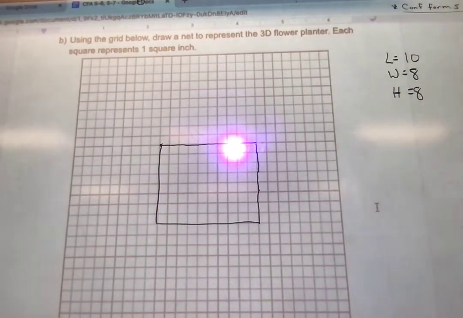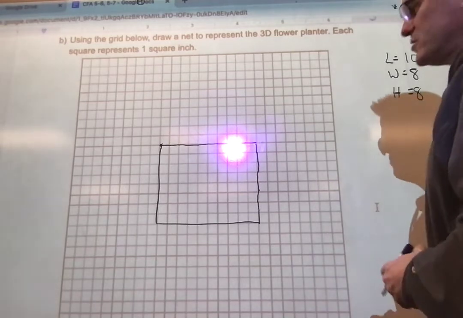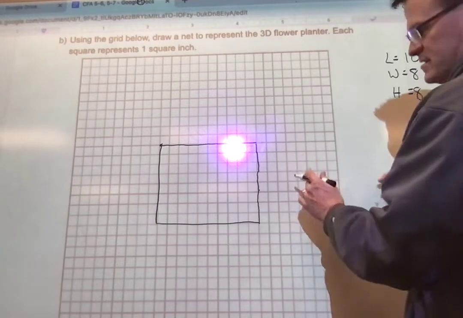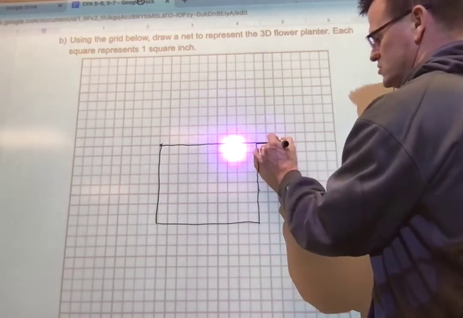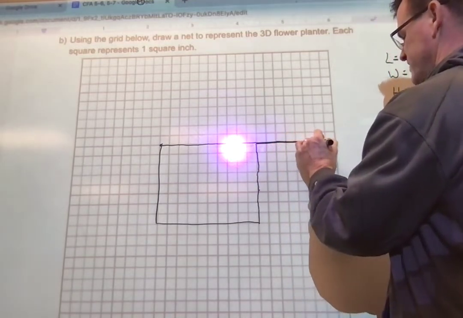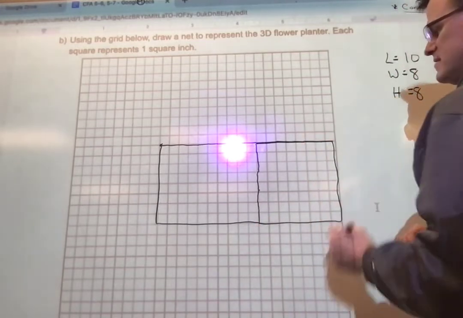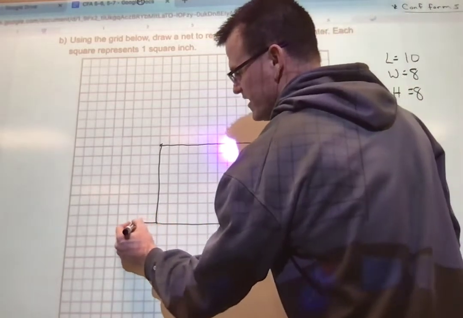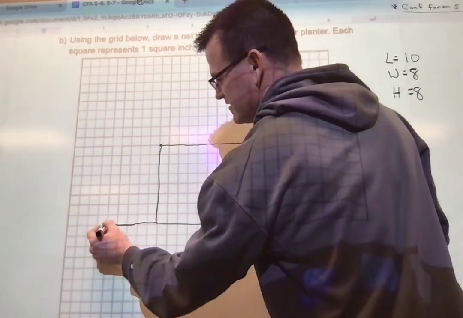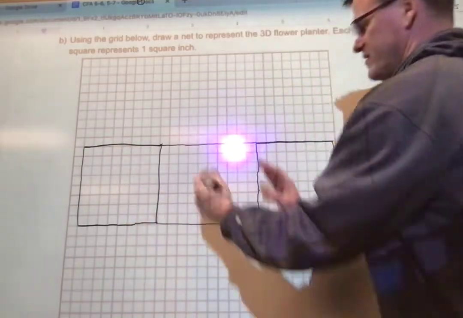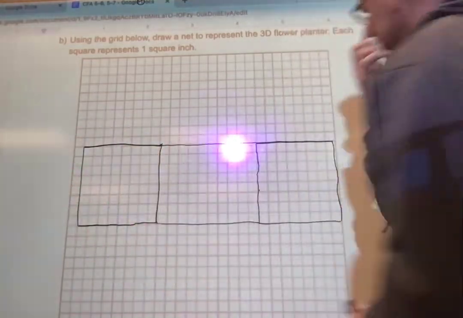Now I'm going to open this up, and I know it has 2 sides. The 2 sides, if you look back, are 8 by 8. Counting 1 through 8 by 8, there are squares there. If I'm just unfolding that, here's the bottom and here's the 2 sides.